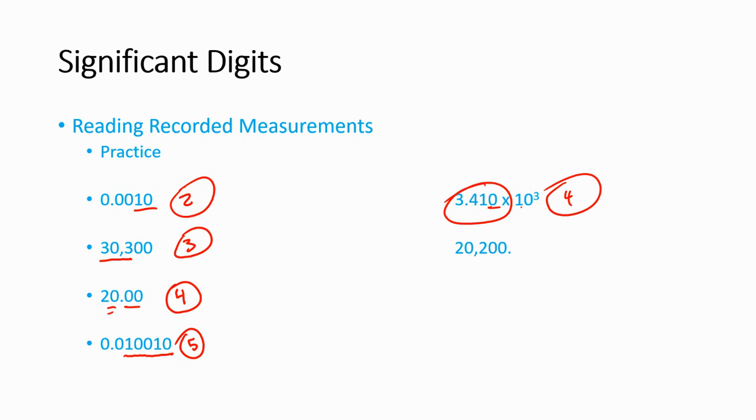This is 4 significant figures. Finally, 20,200. Looks like it should only be 3, except for this decimal place is explicitly written. That's telling me that those zeros were measured, and so this is going to be 5 significant digits. That's a lot. We're going to practice this a bit more when we come back to class. Talk to you then.